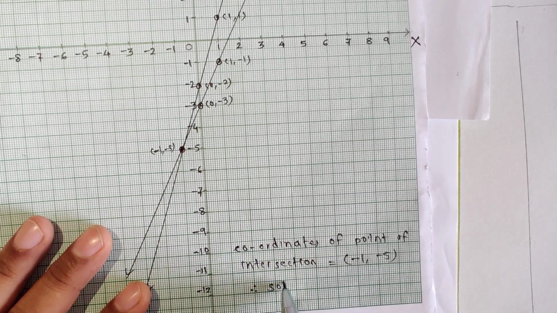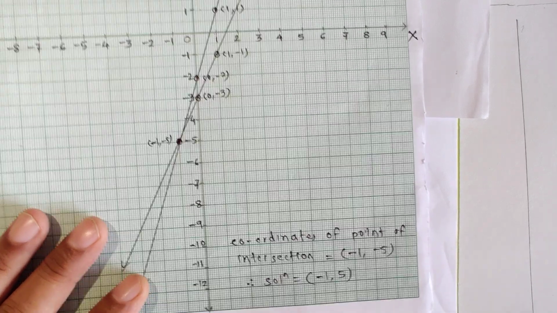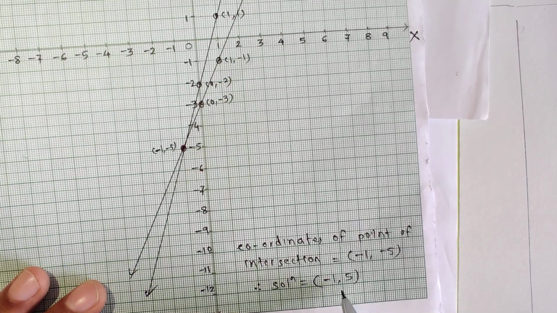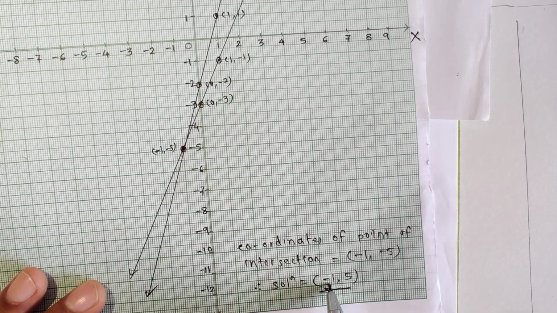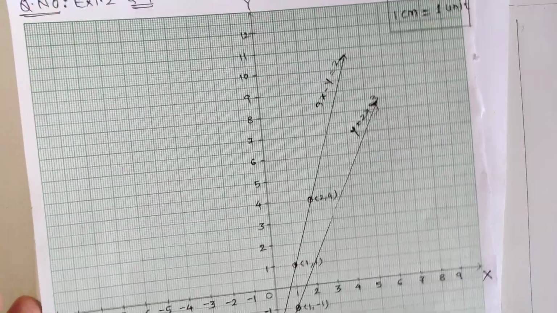Therefore the solution of these equations is -1, -5. This is the value of x and this is the value of y. So in this way we can solve the equations by the graphical method.